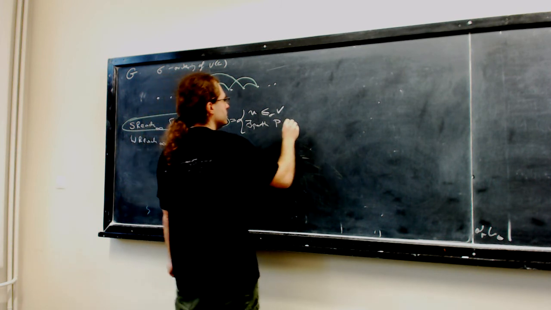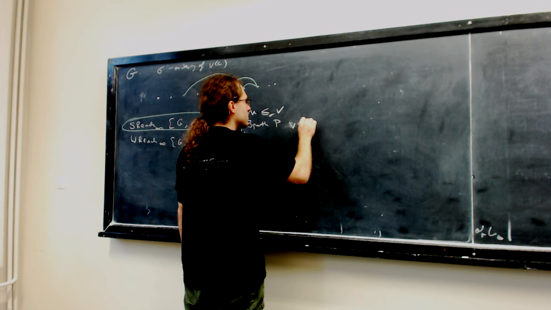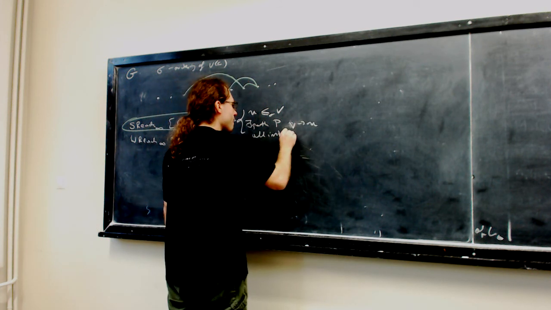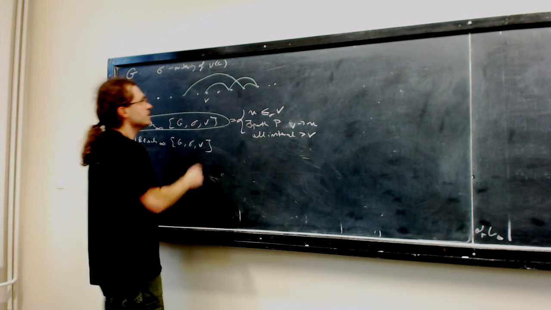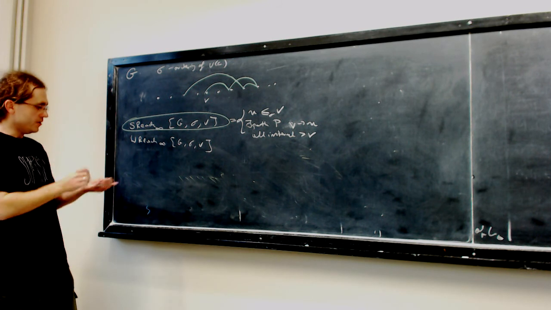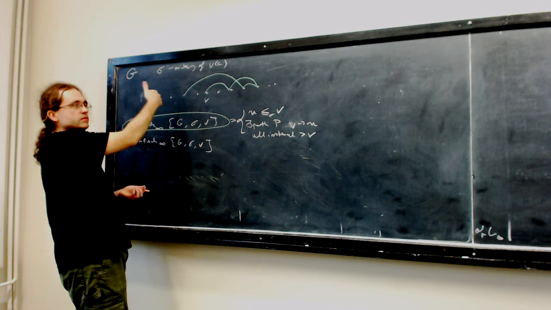so that there is a path P from V to U so that all internal vertices are larger than V. So I can use the guys on the right and go here. For the weakly reachable set, I was allowed to use these guys here, but the endpoint needs to be the earliest.